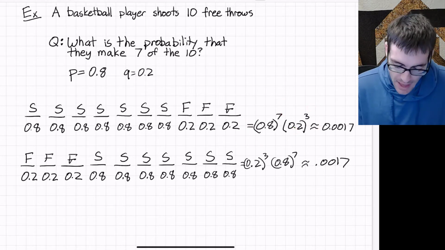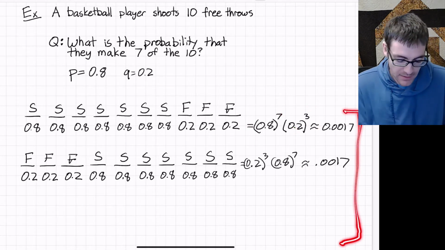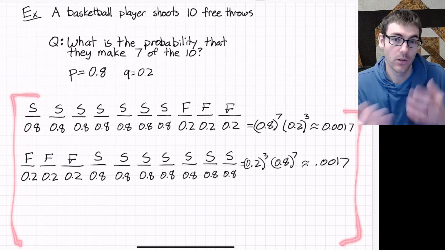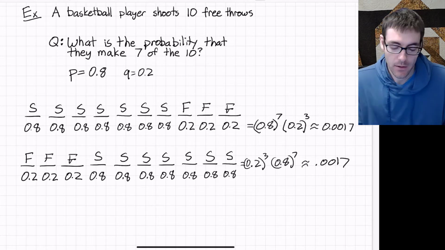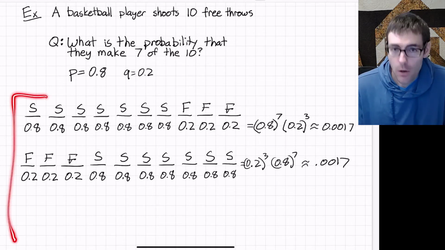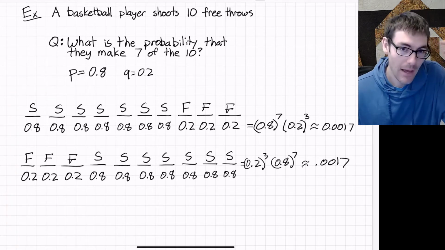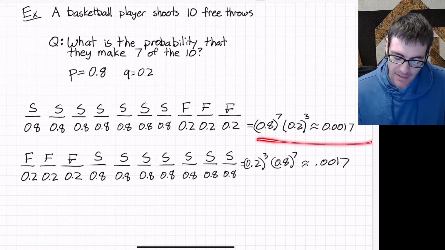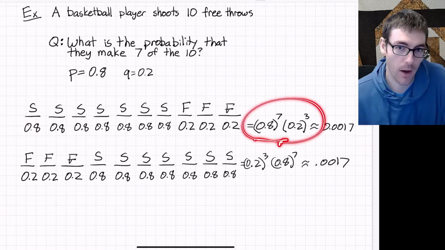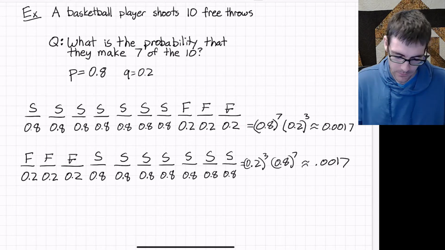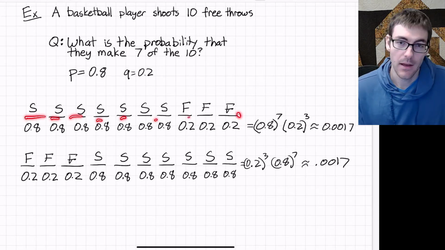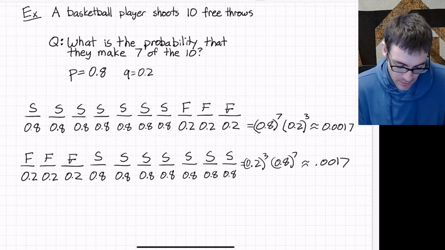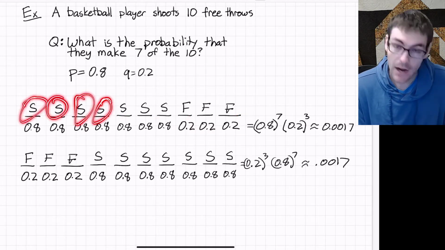So adding together all of the things in this list, all of the different orders in which we can do this, really amounts to saying, all right, well, how many are there? And we're just going to multiply that number by this product of probabilities. Well, we have 10 spaces, and we're trying to pick out 7 of them to be our successes.